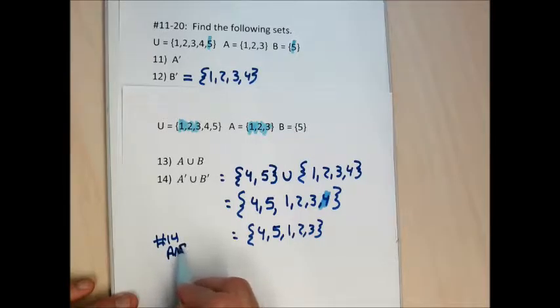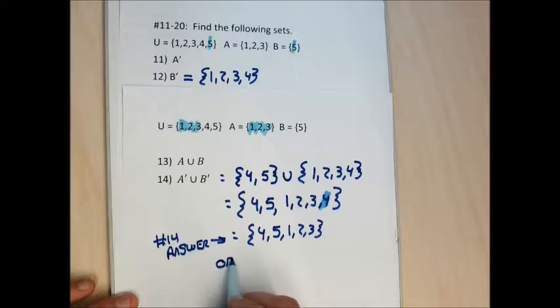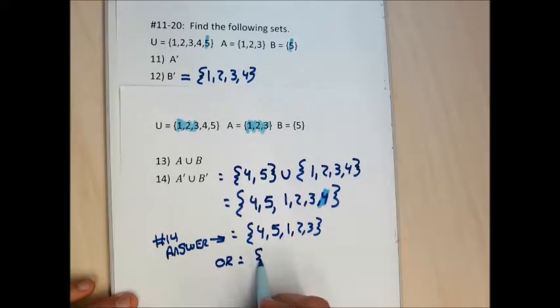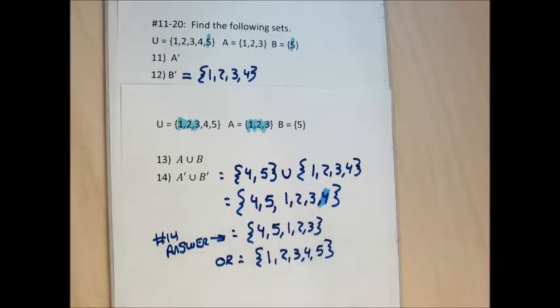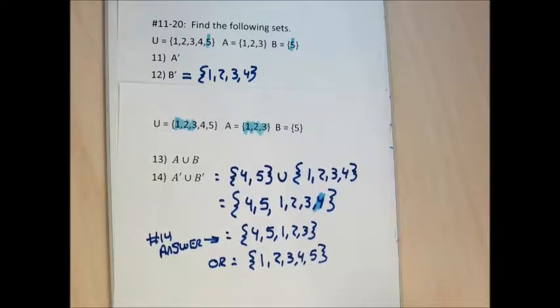I almost never write the original problem with my answer, but I almost always, if there's numbers, write them in order. And so I'm going to write for my answer to number 14 the numbers in order. All right, so give 13 a go if you haven't done it already.